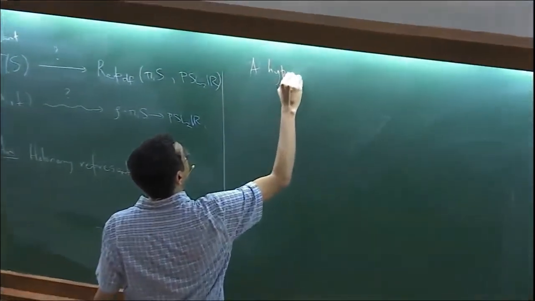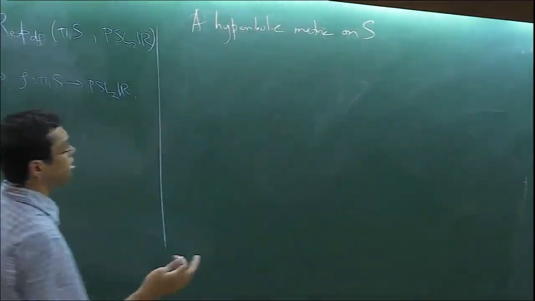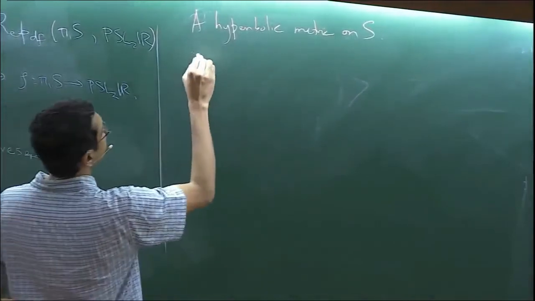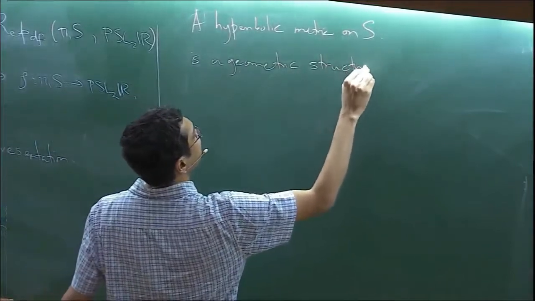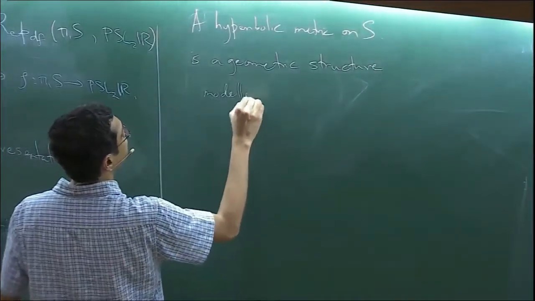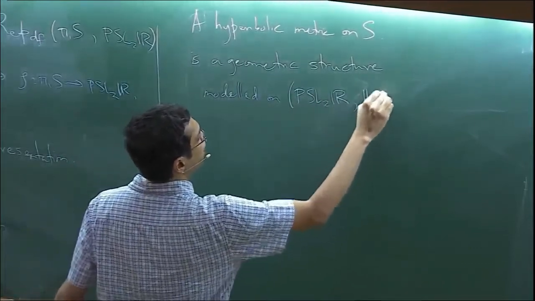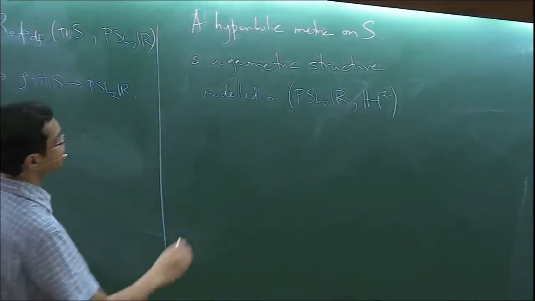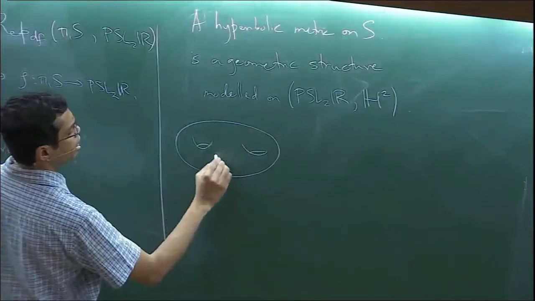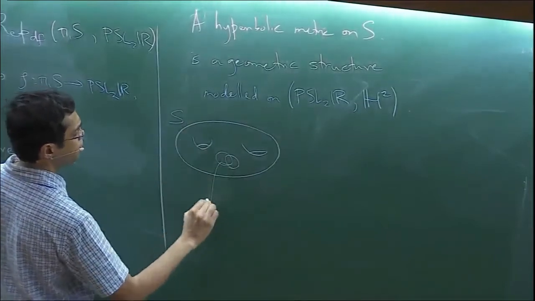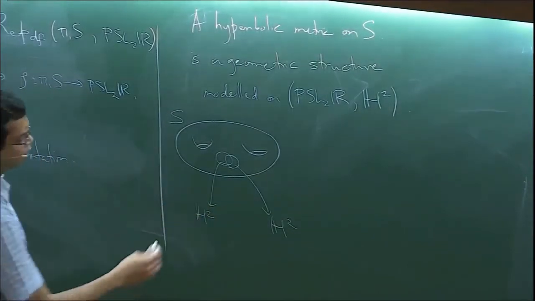The thing to note is that a hyperbolic metric on S, as we talked about last time, is also a geometric structure. It's a geometric structure modeled on PSL2R as a group and H2 as the model space. In other words, you can think of a hyperbolic metric on the surface S as having charts to the hyperbolic plane, so locally it looks like pieces of the hyperbolic plane.